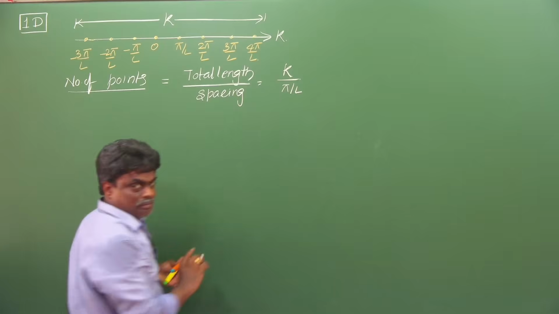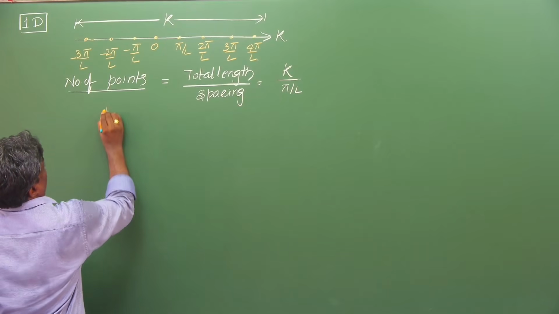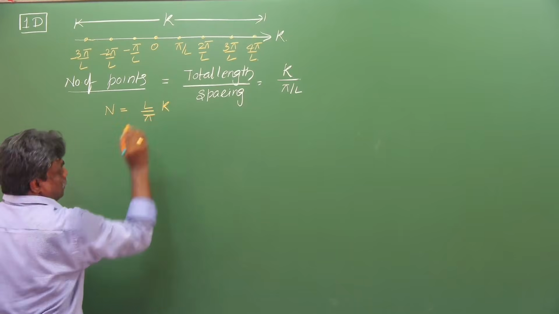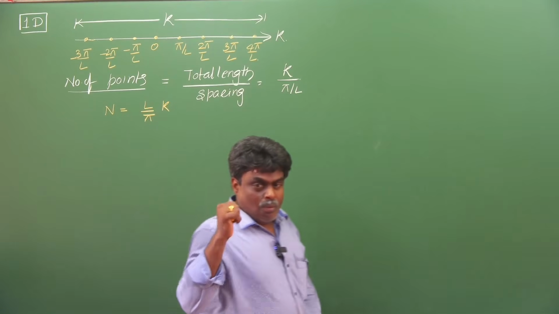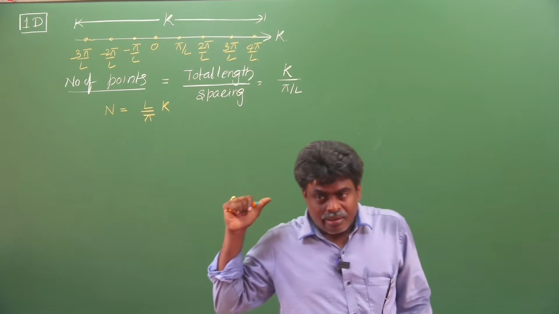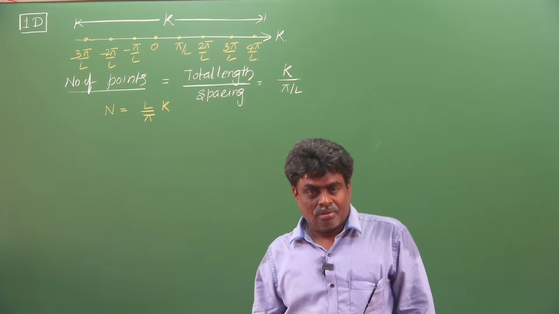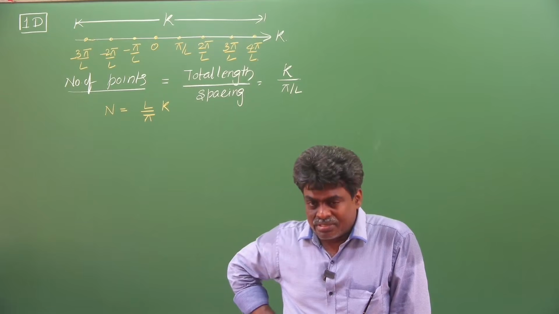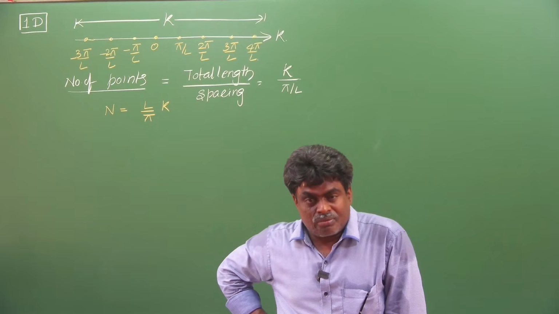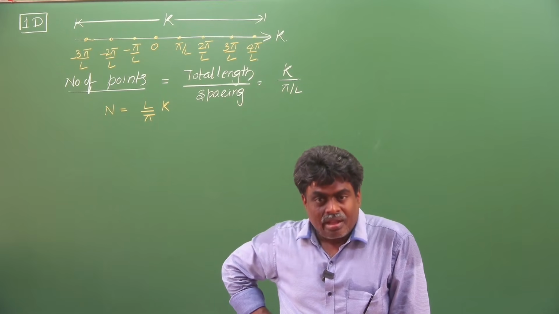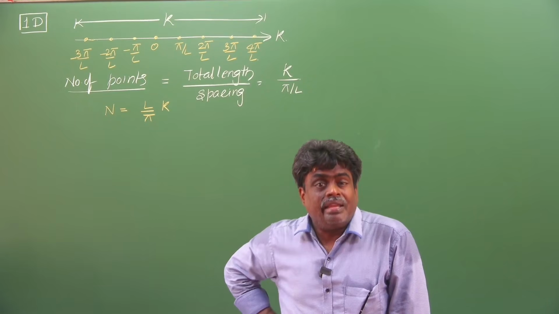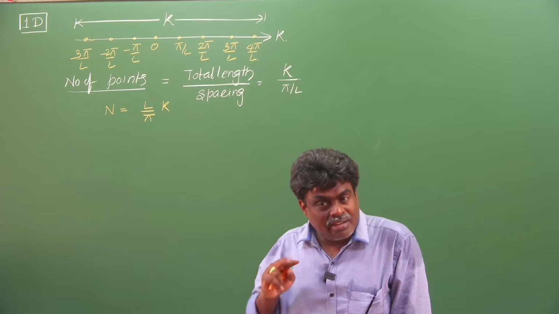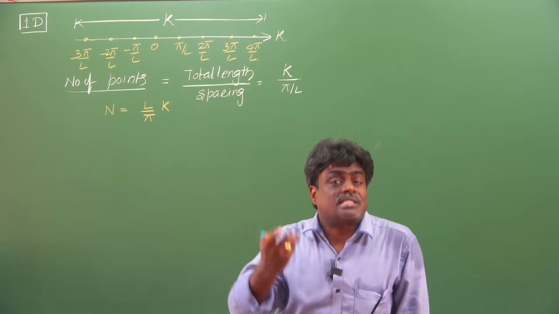Now this is n equal to L by pi into k. What is n there? Number of points, but I can't take it as the number of states, number of lattice points, number of valid lattice points, or number of valid states.